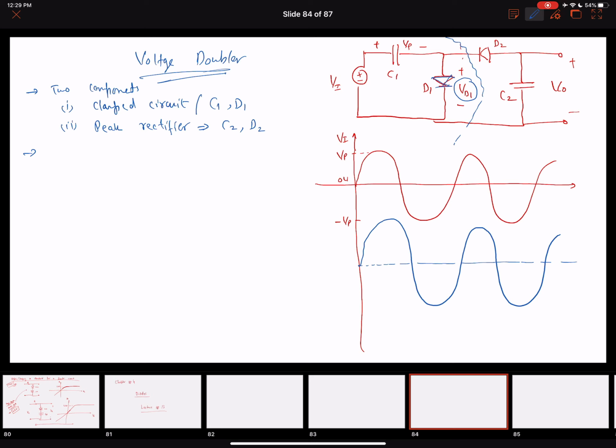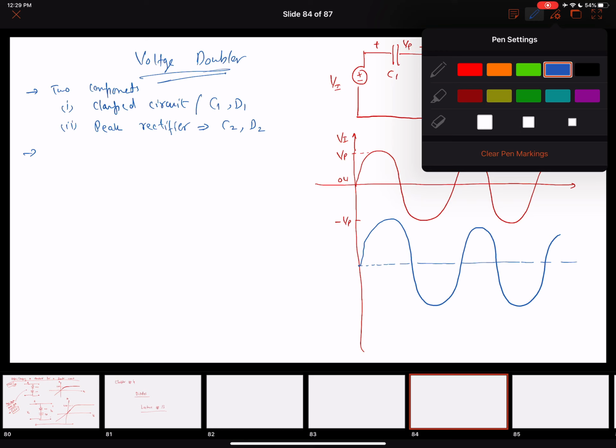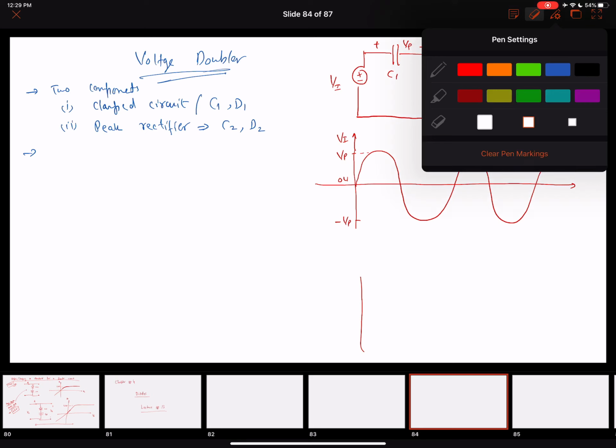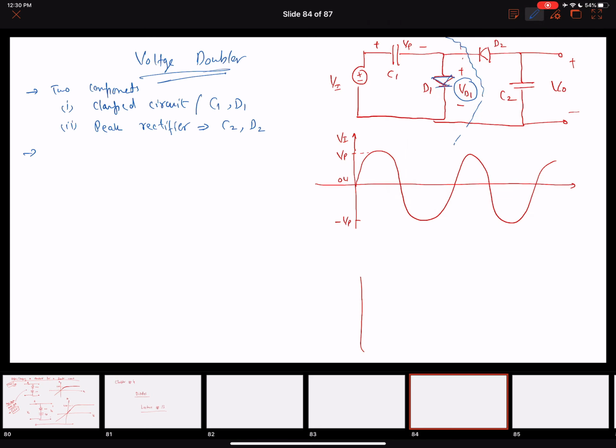Right, it is going to clamp the 0 to the peak value.